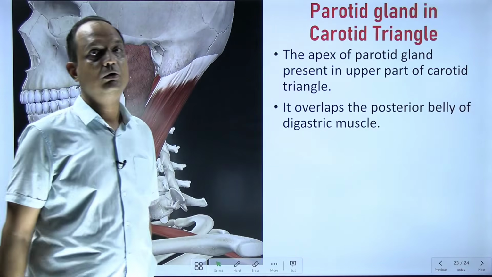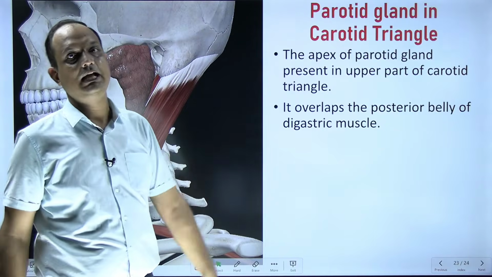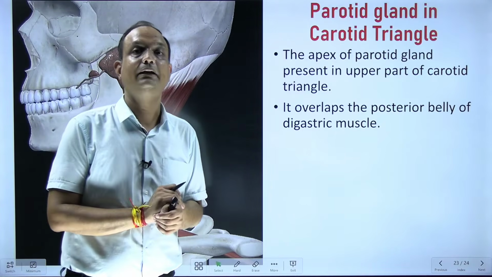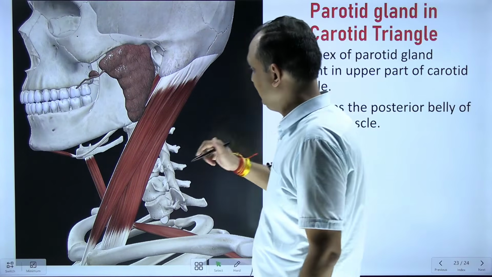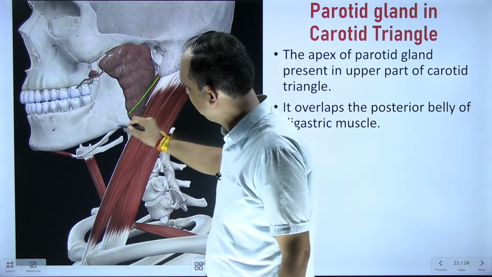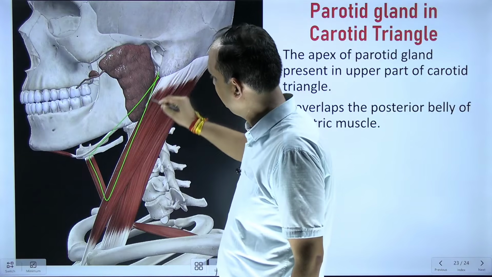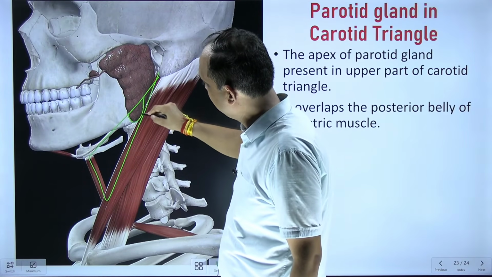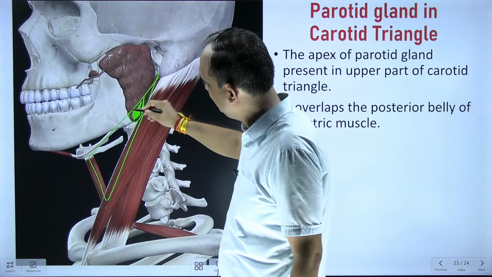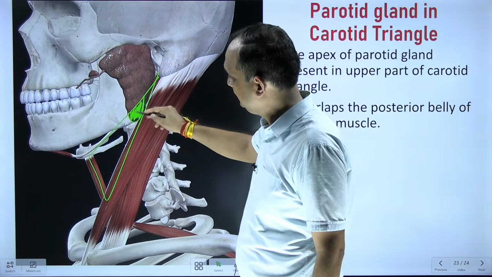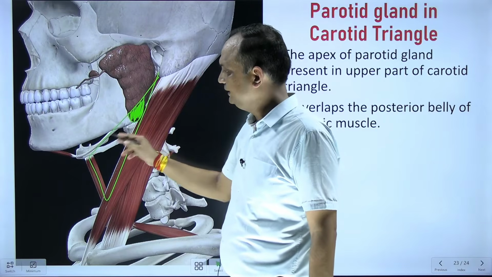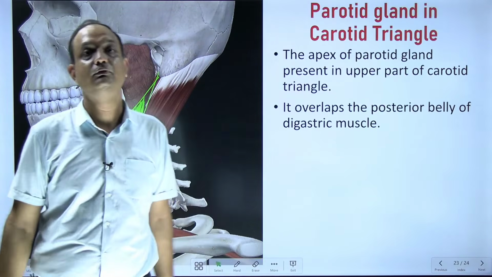Jugulodigastric and jugulo-omohyoid. Now, sometimes you will find the apex of the parotid gland in the carotid triangle. You know that the carotid triangle is here. In this carotid triangle, posteriorly you will find the lower part of the apex of the parotid gland, and this part of the parotid gland is also overlapping the posterior belly of digastric.